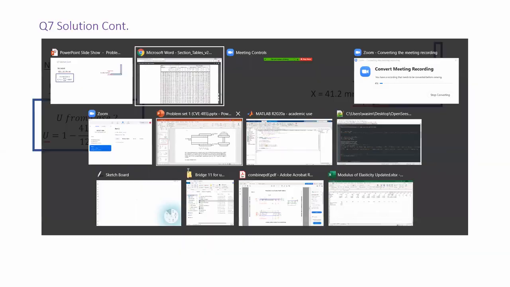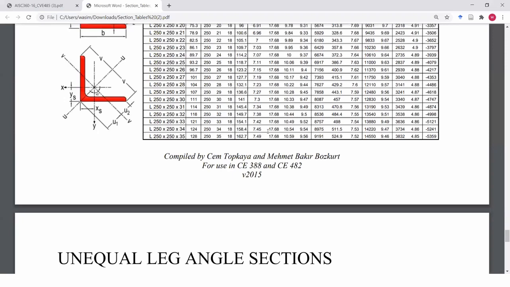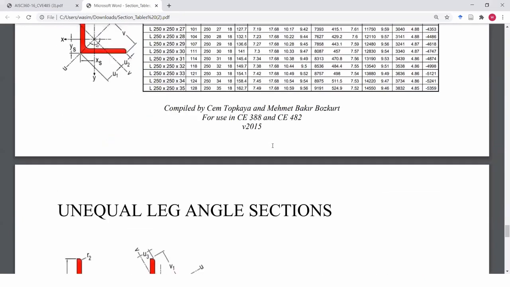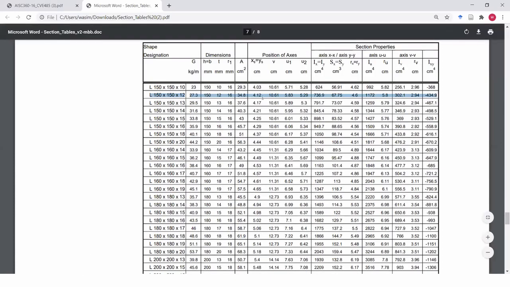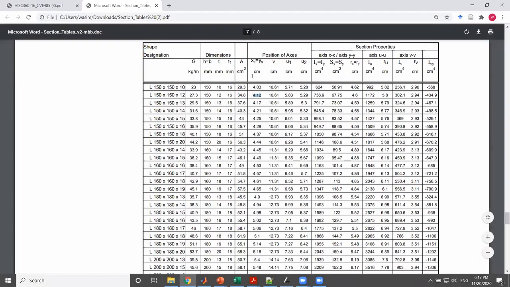So again, if we go to the section tables, 150 by 12, where's x bar? It appears to be this one, xs. Exactly. So xs is actually what we need, 4.12.